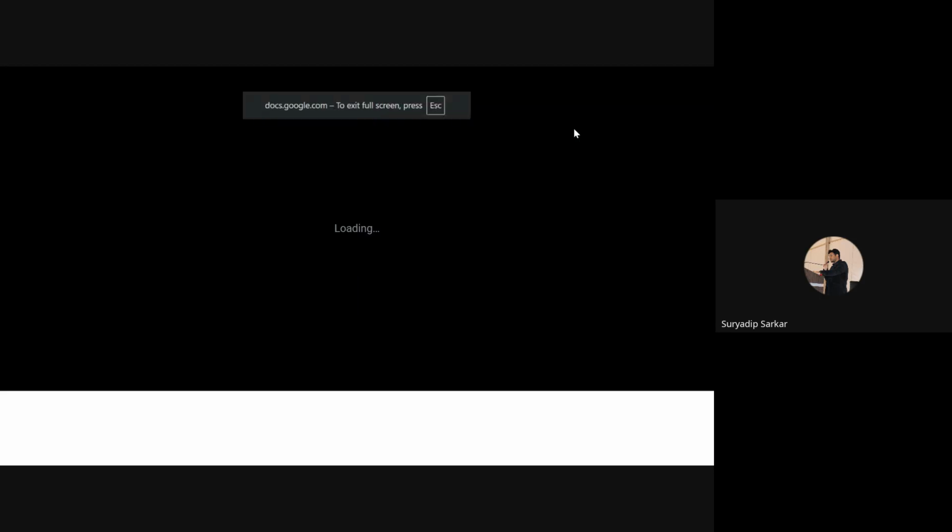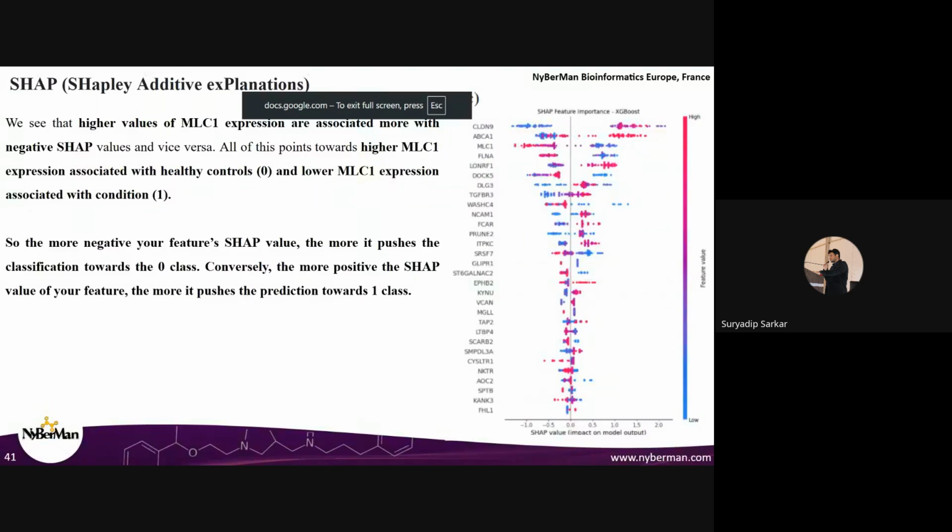Now pay very close attention here. For MLC1, we see that the reddish part is more towards the left and the bluish part is more towards the right. Now take a look at the x-axis here. This is the SHAP value, or the impact on model output.